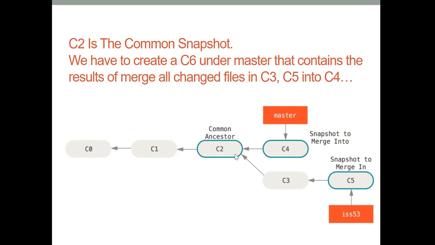But when you go to merge these two things together, it knows there's this common ancestor C2, and that can help you figure out how you're supposed to merge these things together, because you can see the delta or the difference between here and here and here and here, so you can see what changed. If the changes were taking place in files where there were no collisions, where there weren't two things being changed at the same time, you could do the whole thing automatically.